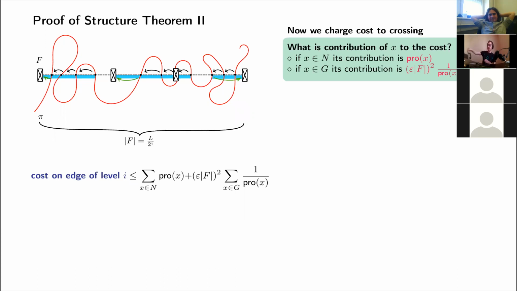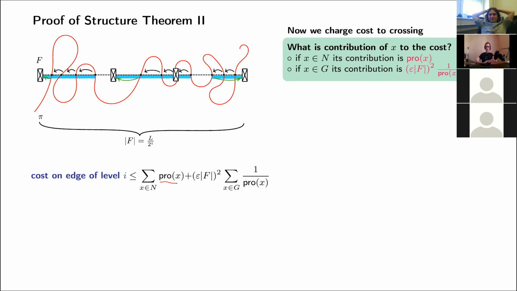If you look at this formula, then this contribution is pro of x when x is in the near set. If this crossing is in the near set, this contribution to the cost is pro of x. And if the crossing is in the G set, by just looking at this formula, it's epsilon times the length of this face squared divided by 1 over pro of x. This is just by looking at this formula.